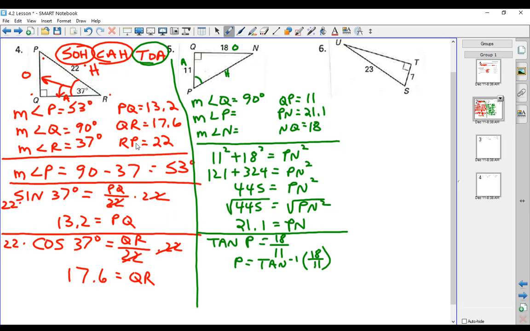If you don't know how to access that button on your calculator or how to use that properly, please contact me and I will get with you and help you figure that out. So this is all calculator work right here. When you put that in your calculator and work it out, we get P is equal to 58.6 degrees.